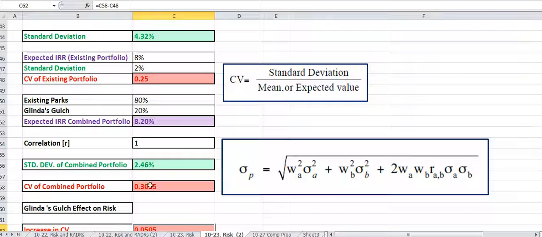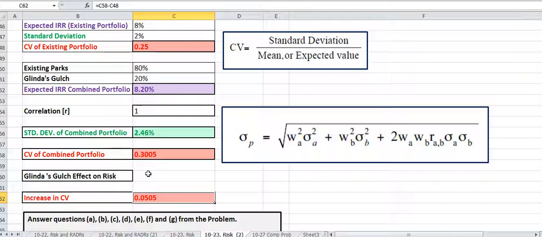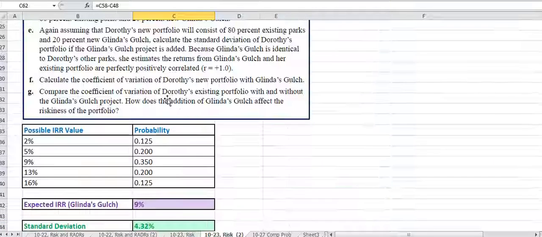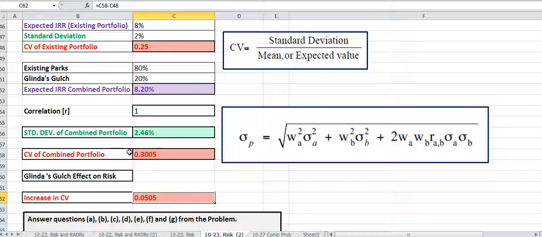Expected portfolio, CV of combined portfolio. C48. I'm just trying to make sure I get, okay, combined. Okay, let's go back up here. Oh, I see. I just misread it. So we're calculating the combined here. It says a new portfolio. It doesn't say combined. The wording's just tricky. I'm trying to go too quickly. So this is the combined, which we have right down here, right here.